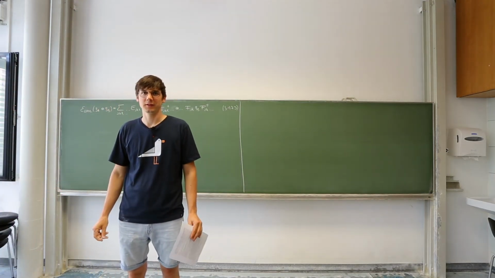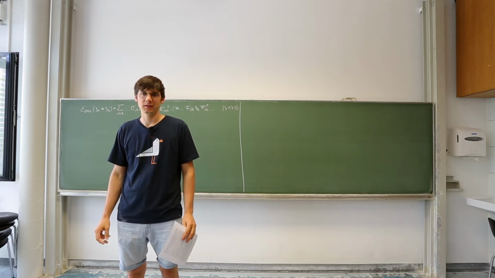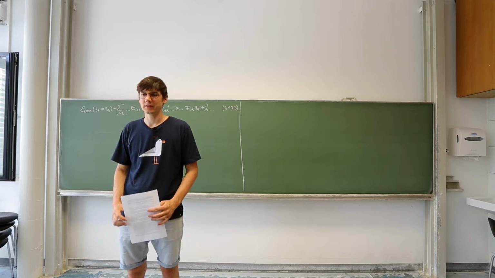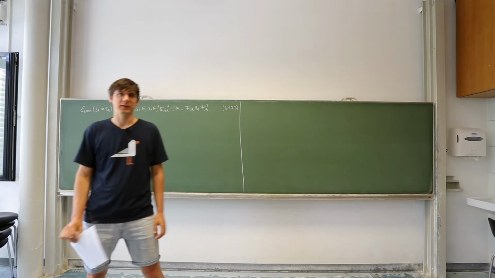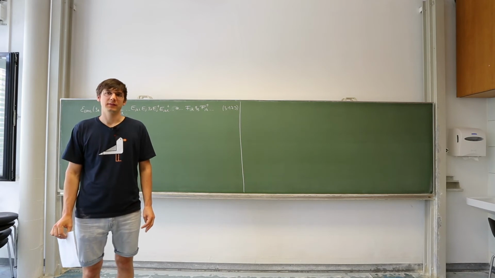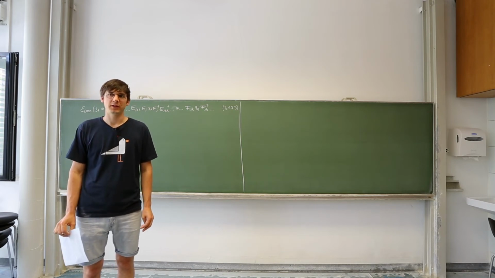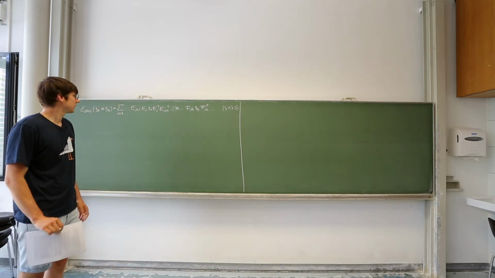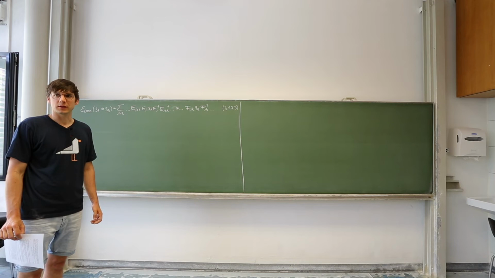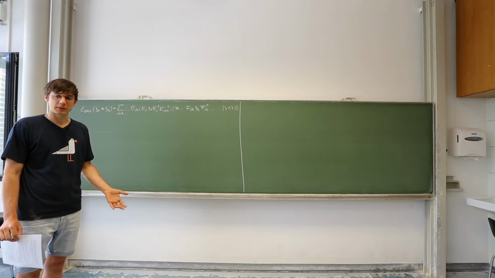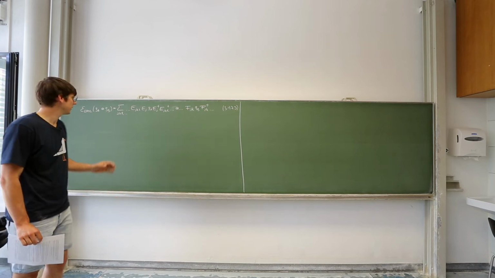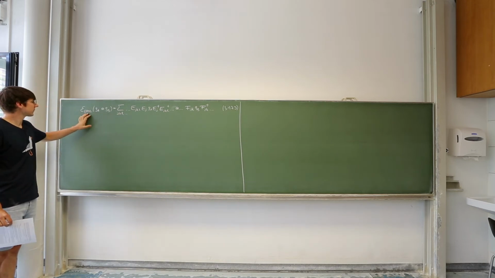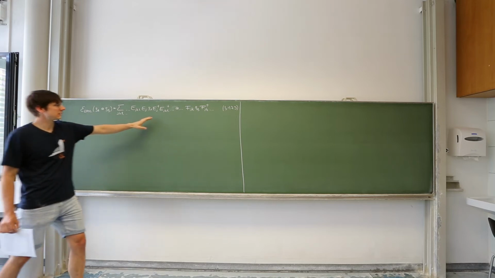Let's continue with the second half of the lecture. So in the first half, we started with our chapter on entanglement. And in particular, what we did is we defined the set of local operations and classical communication. And what we started with was a bipartite product state, rho A tensor rho B. And we've seen that if we act with local operations and classical communication, we get something like this.